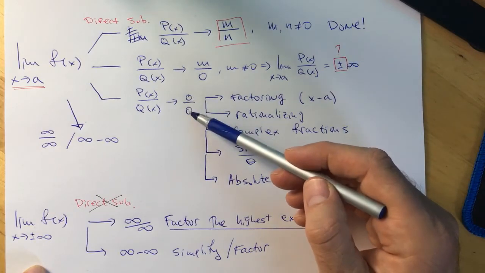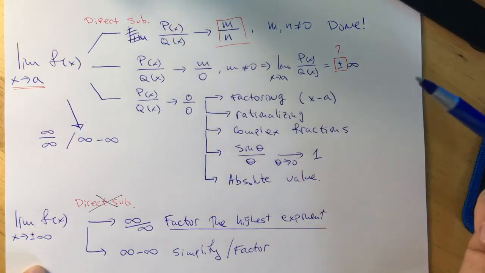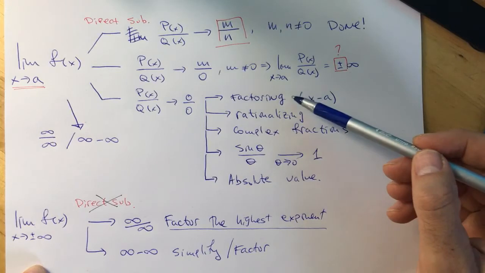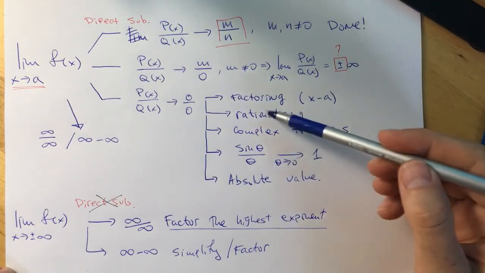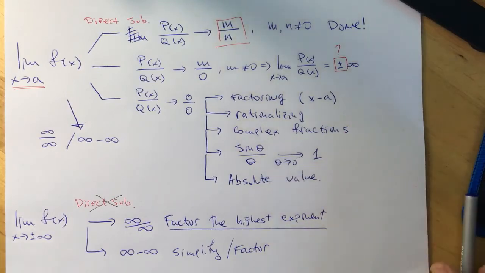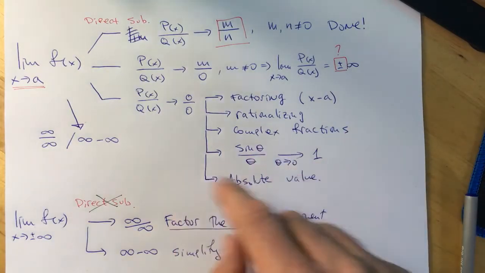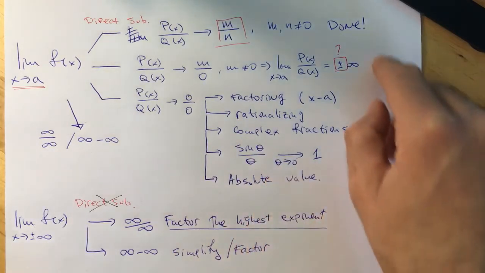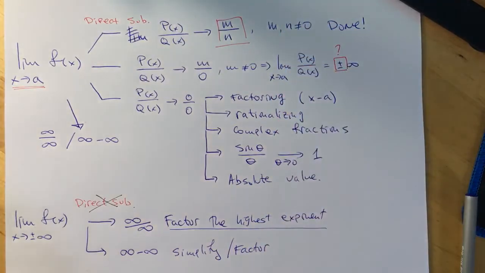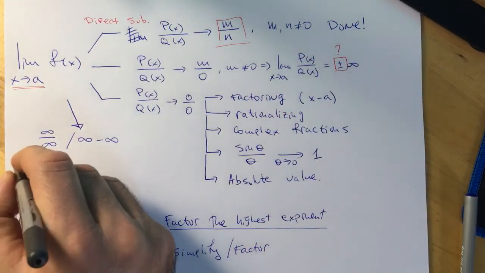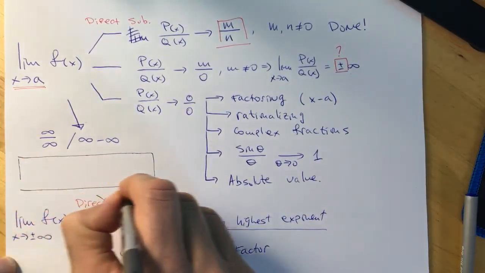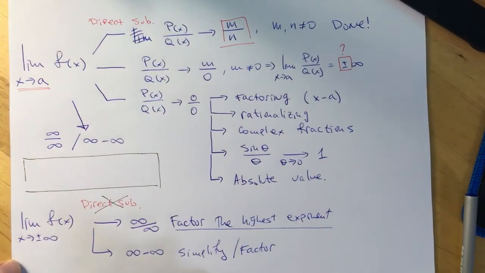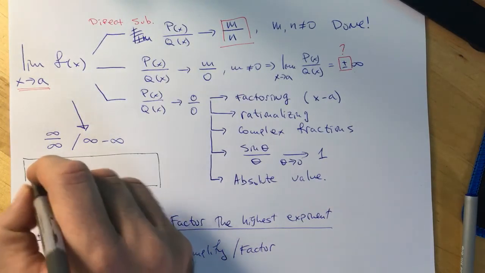Or you get 0 over 0, okay, most of the time, in which case you use one of these methods, okay? in order to simplify the expression, and that will lead you back to either this case or this case. And somewhere in between, depending on how the question is phrased, lies the squeeze theorem.